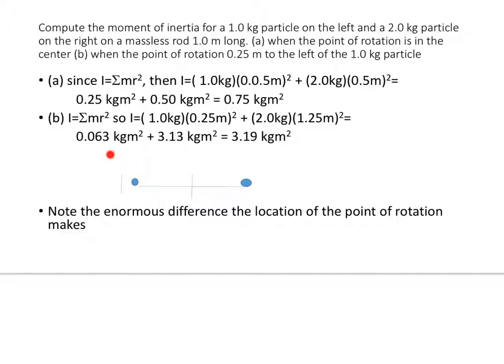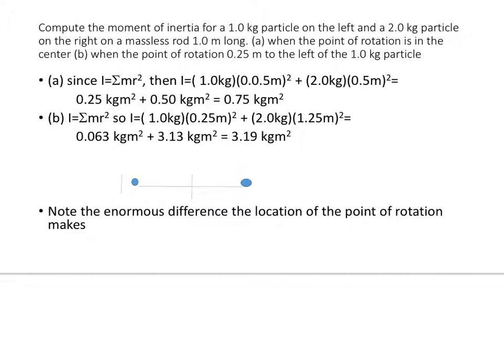So we compute the value of the moment of inertia for the 1 kilogram particle. It's 0.063 kilograms square meters, and the other one is 3.13 kilograms square meters. We end up with a moment of inertia here of 3.19 kilograms square meters.